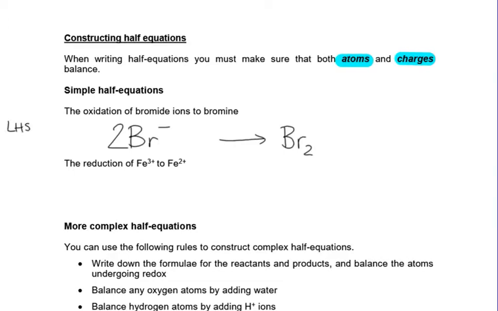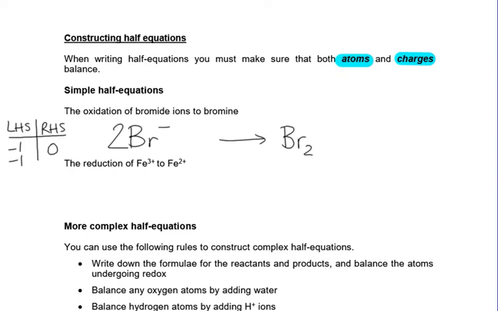So if you can't see it immediately, think about the left-hand side and the right-hand side. At the moment, on the left-hand side, I've got 2 bromide ions, which have -1 each. And on the right-hand side, I've got no charge from the bromine molecules. Now, all I can do to make charges balance is add electrons. And electrons are negative. So I need to make both sides be the same.